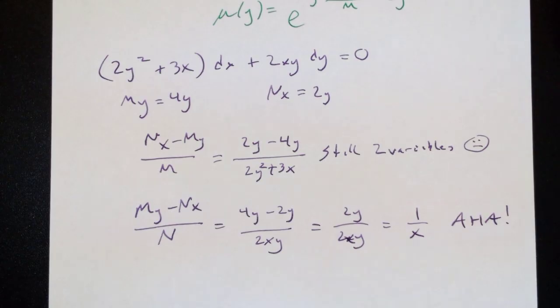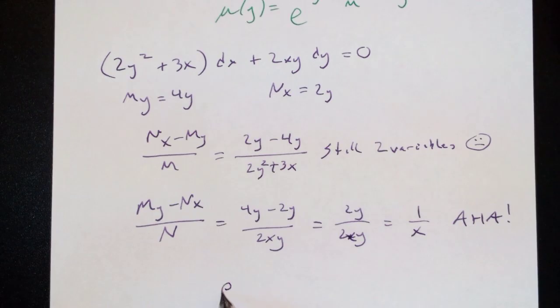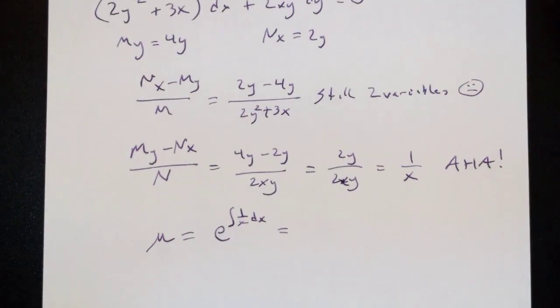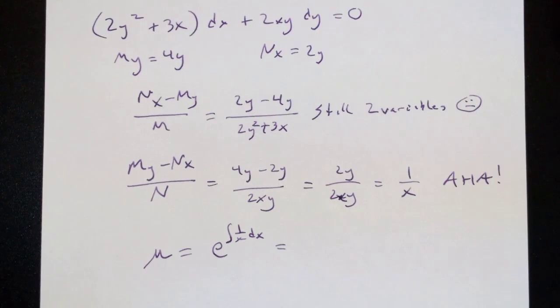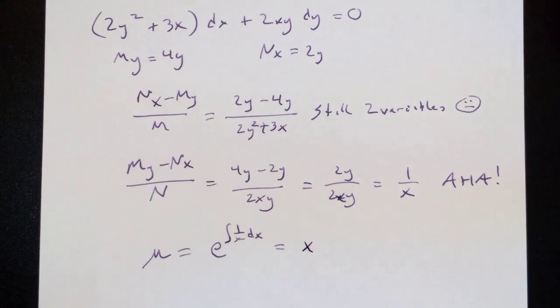I'm going to use my integrating factor here. e to the integral 1 over x dx. What do I get? This is mu. Because I get e to the ln and then the e and the ln cancel out.